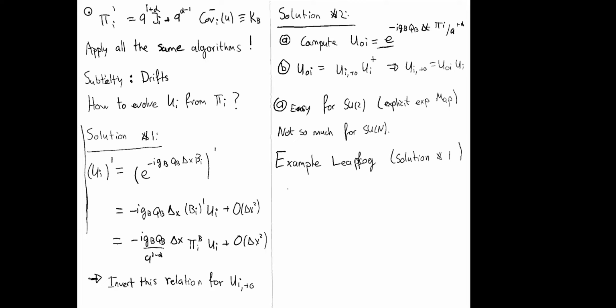The leapfrog scheme is that this momentum pi I at time dt over 2 is equal to pi I at time minus dt over 2 plus the kernel. So this is just the kicks, nothing special. And now the drift, you write that ui at times plus 0 is equal to ui.